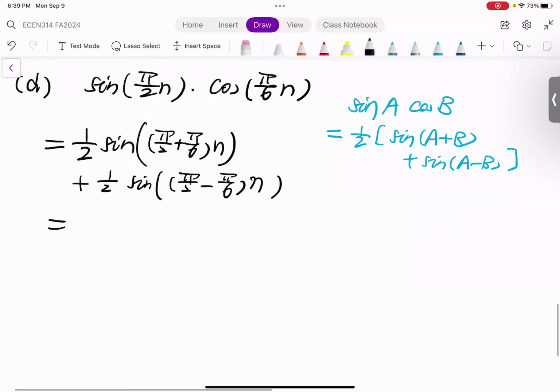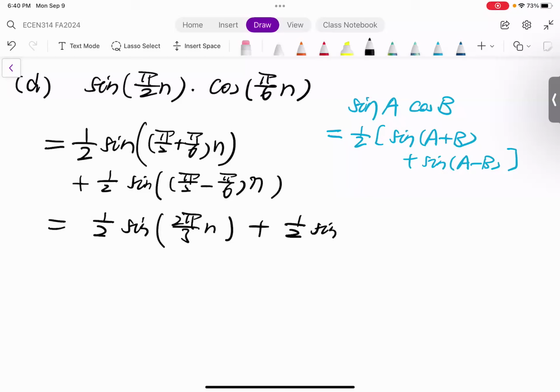And then in the end, I have 1/2 of a sine of 2/3 of pi times n plus 1/2 of sine of 1/3 of pi times n.